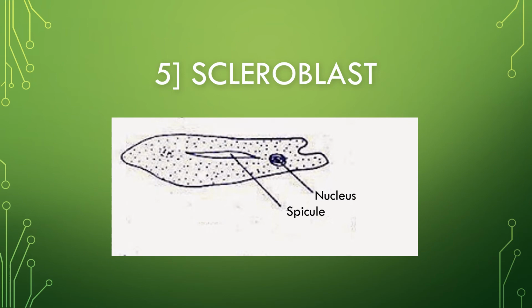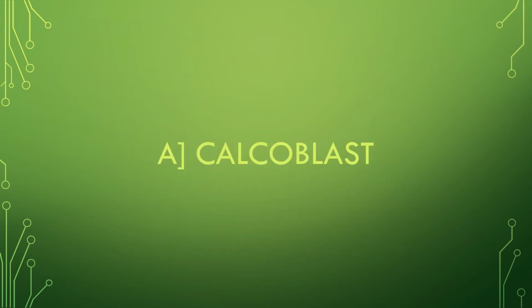Scleroblasts secrete skeletal elements, that is, the spicules. Depending upon the nature of substances secreted, the scleroblasts are as follows. Calcoblasts, which secrete calcareous spicules and are found in class Calcarea.